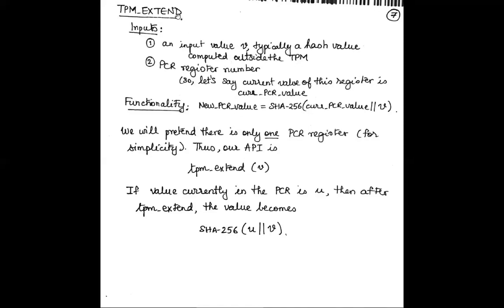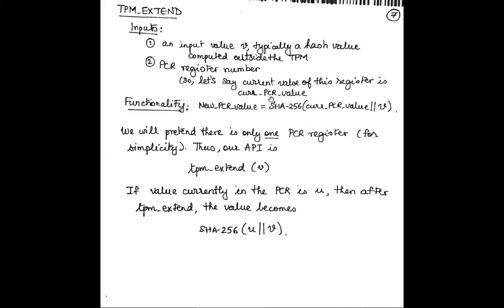So what does TPM extend do? TPM extend works like this. It takes the cur PCR value, concatenates it with V, and computes a hash. It used to be SHA-1. I believe they have upgraded it to SHA-256, but it's a hash function.